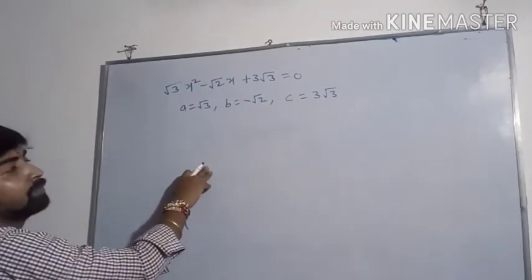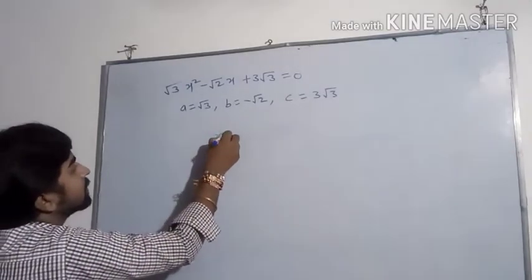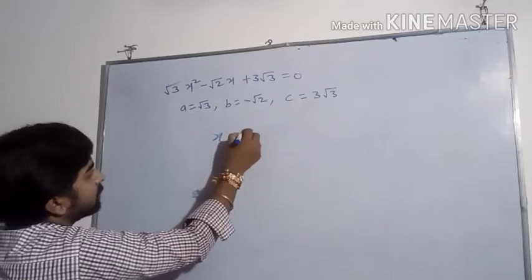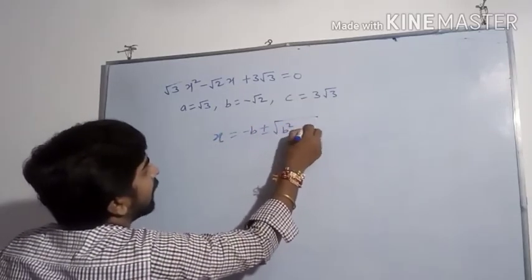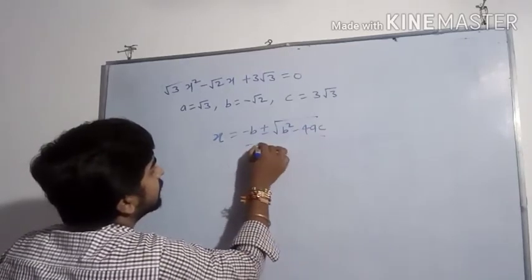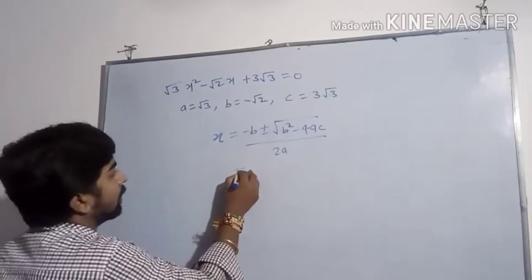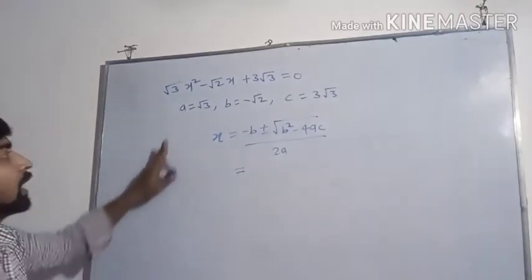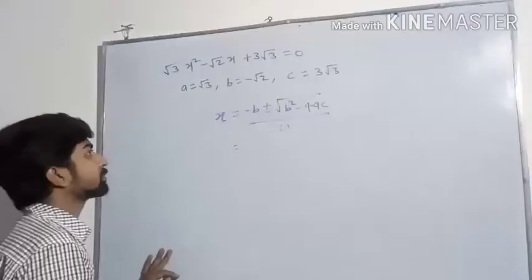Now to find the value of x, we will write the formula: x equals minus b plus minus under root b square minus 4ac upon 2a. Now we will put the values of a, b and c in this formula.